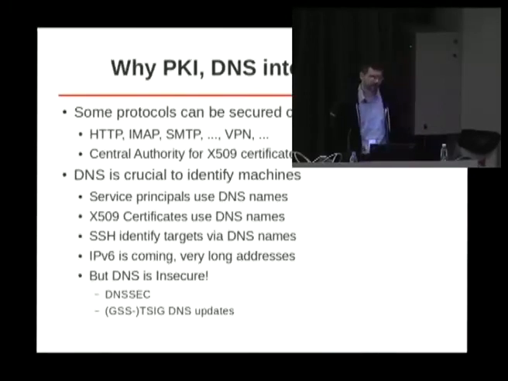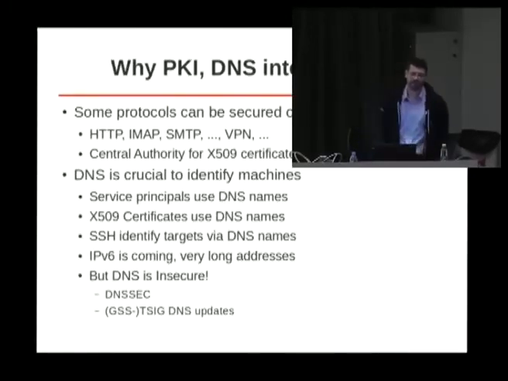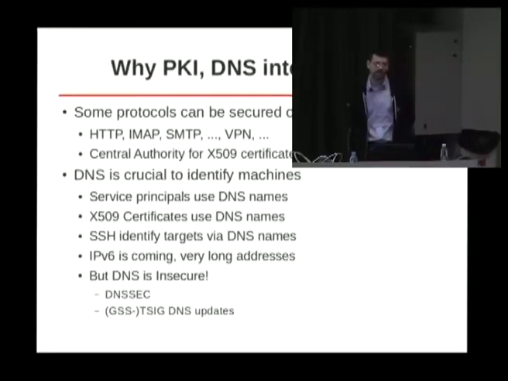And there are ways also to handle DNS updates from machines in a secure way using TSIG or GSS-TSIG, which is what we use in FreeIPA. So even though DNS is insecure in the normal case, it can be made secure, and that's one thing that we haven't done completely yet. For example, in FreeIPA, the DNSSEC part is very complex, but we're planning to do it, and it's something that everybody who is deploying DNS these days should really think about doing.